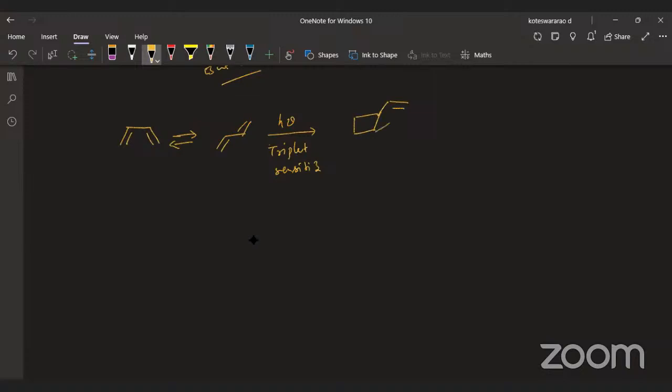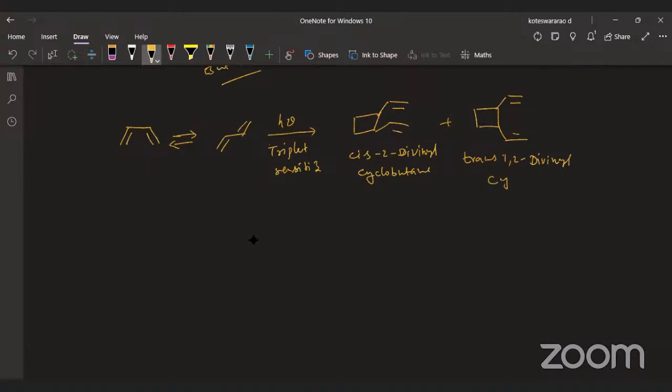One is cis 1,2-divinylcyclobutane and trans 1,2-divinylcyclobutane.